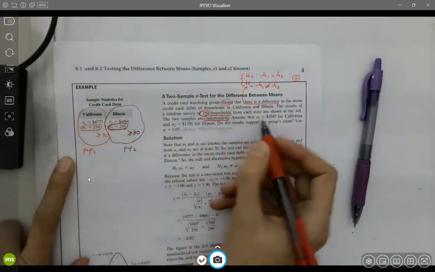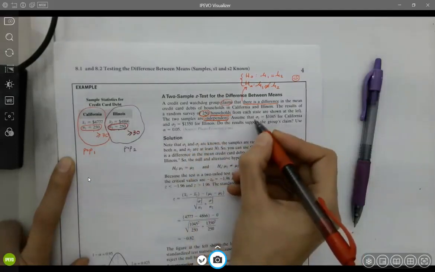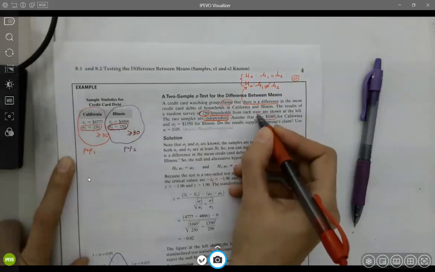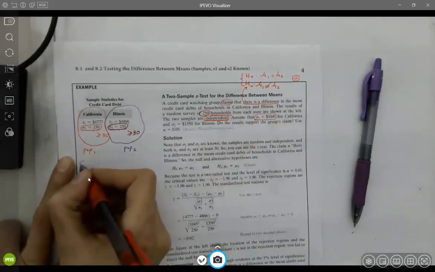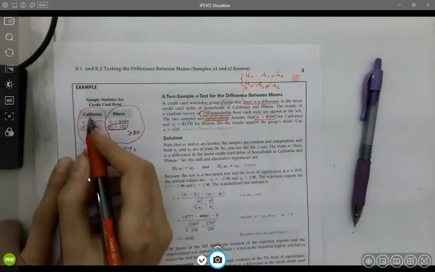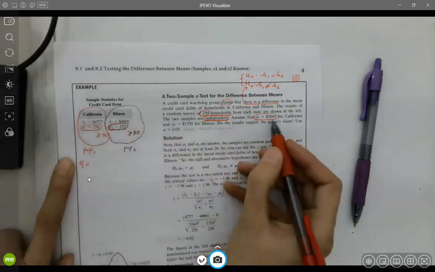And suppose sigma sub 1, the population standard deviation for California, is $1,045.